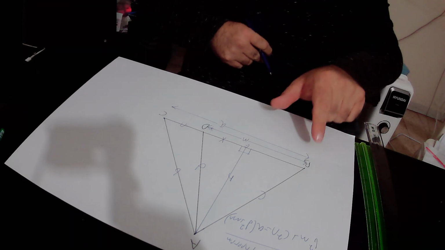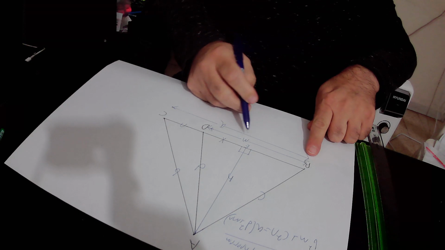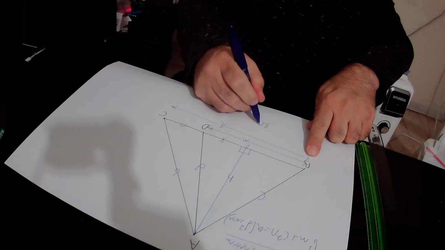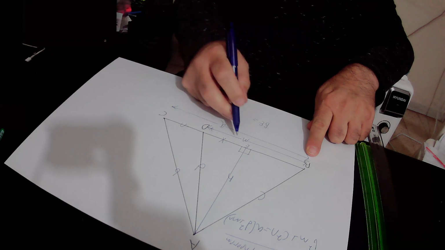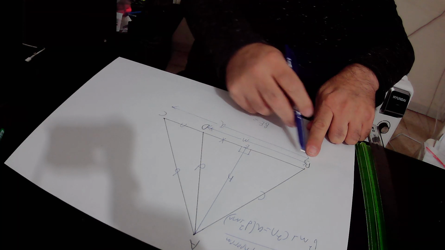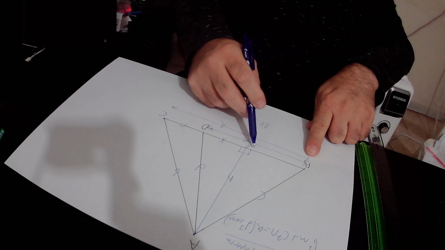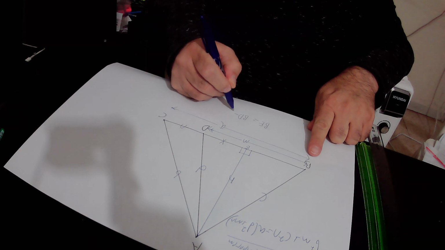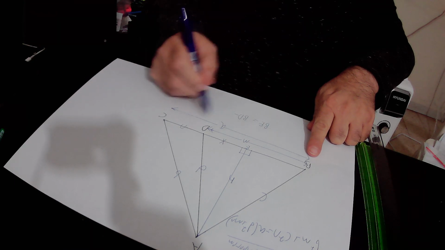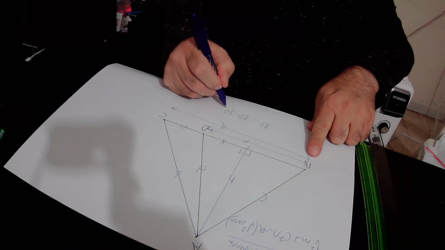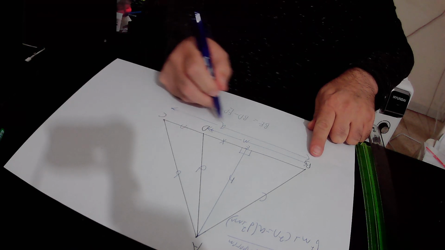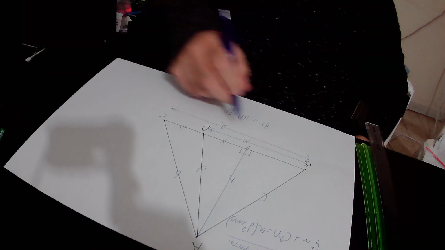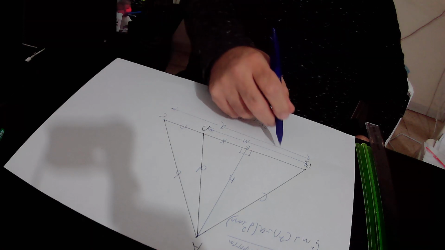What is the length of line segment BE? From the drawing, it is easy to see that BD minus ED equals BE.